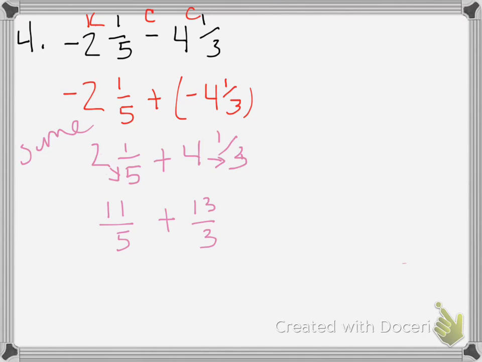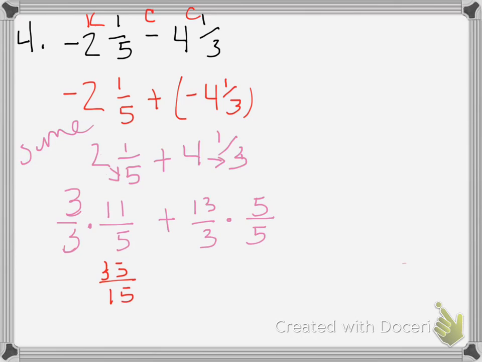Well, we still can't add these because the denominators aren't the same. So we want to do our little trick. Oops, I did it wrong. That's what you want to avoid right there. Good thing I caught that, or I would be doing a lot of work for nothing. Okay, then we should get 33 over 15.